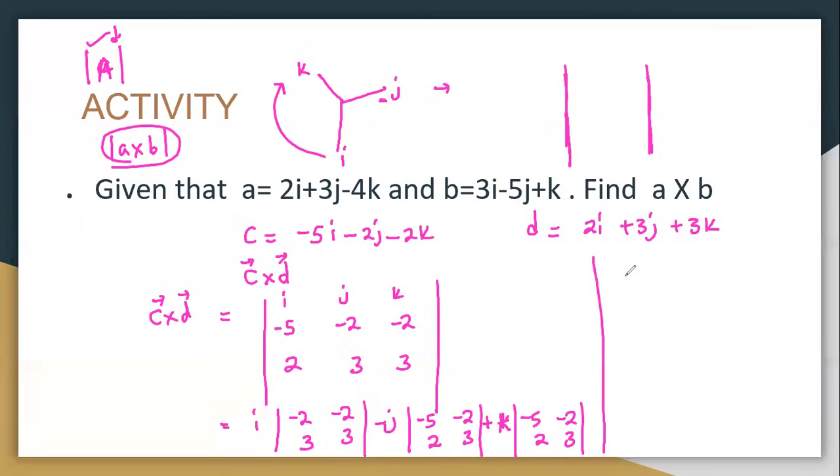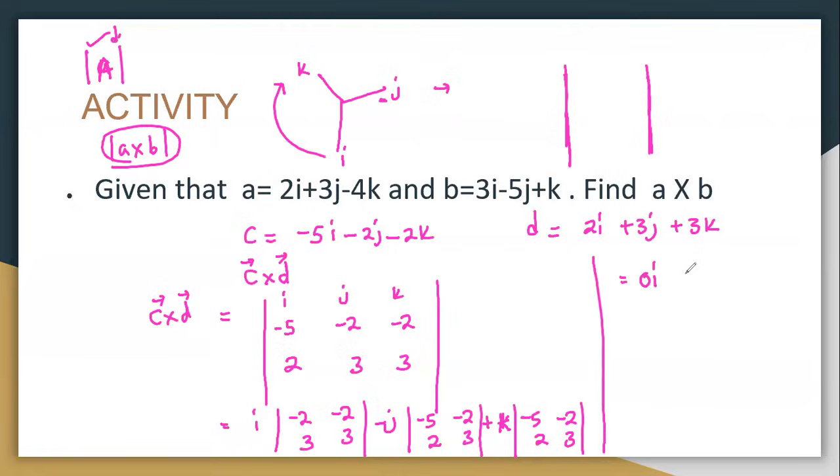So we get the determinant. For the first one is -2 times 3. That one I'm going to just write the answer. It's -2 times 3 minus -3 times 2. It is the same as -6 minus -6, which is 0.